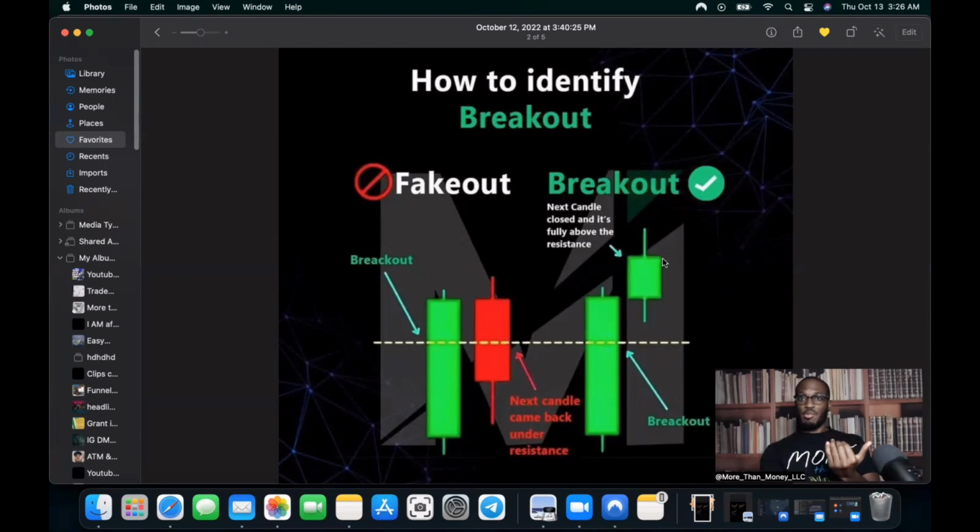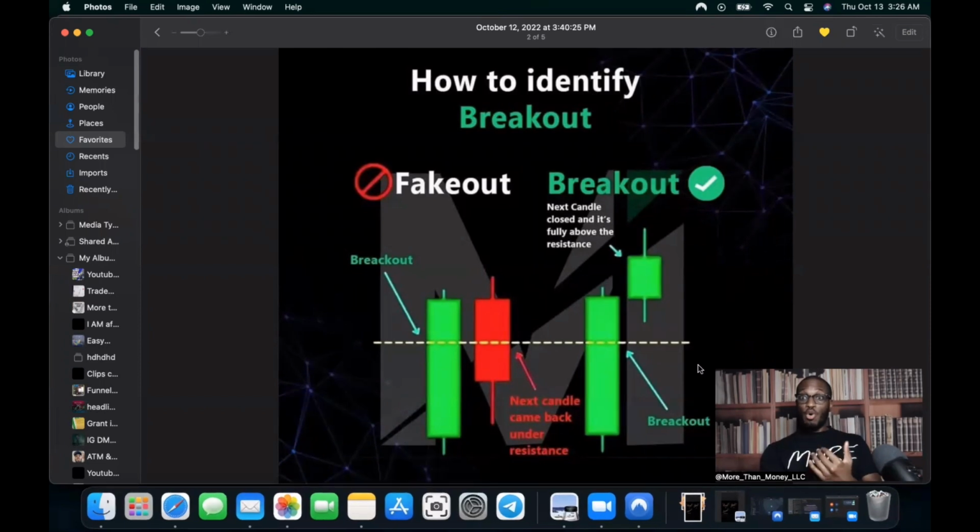It pushed down a little bit, a little bit more, and closed out right here. So this is indeed a true breakout: when one candle breaks through and the next candle stays above the level of resistance, or vice versa, below the level of resistance.